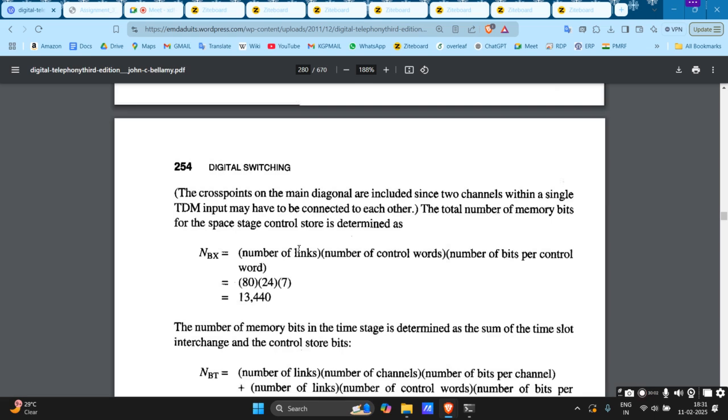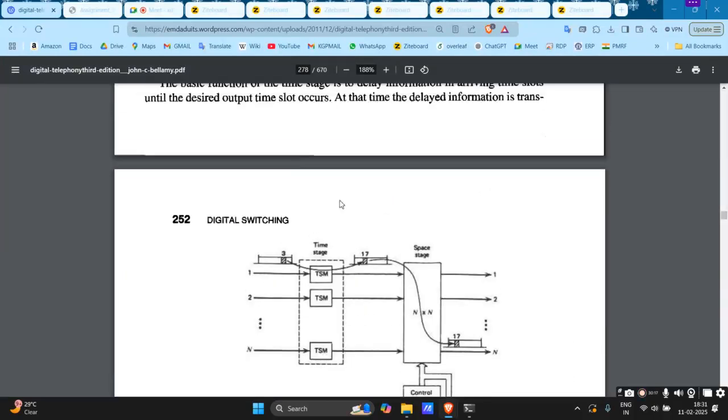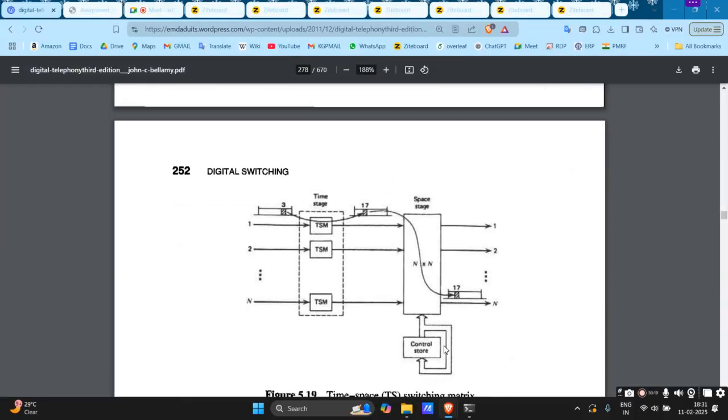Now we will determine the memory part. There is a memory part in the TDM, and there is another memory part in the space division multiplexing also, because if you can see in this diagram, in the time division multiplexing there is of course memory involved, but in the space division multiplexing there is also a buffer memory involved, which is called the control store.